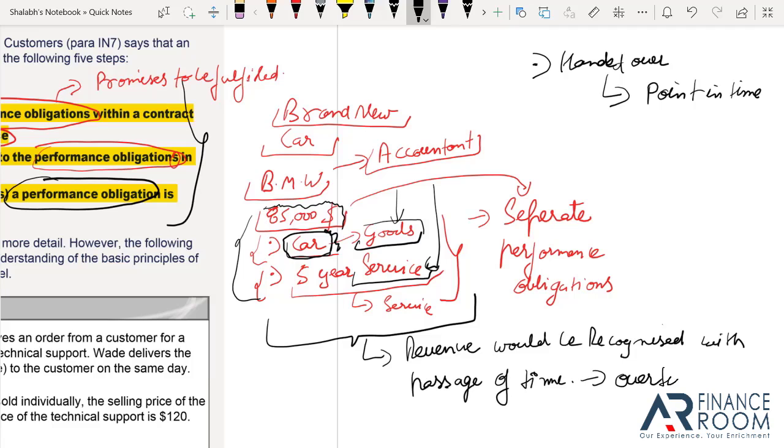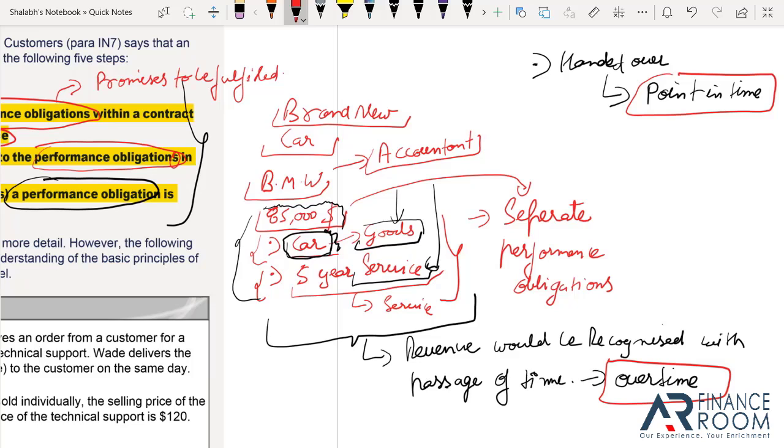Now these two words, you don't need to write them right now. If anything needs to be written, you will be informed, so no need to write this. These are two technical terms which we shall be studying later in this chapter. A performance obligation can be satisfied in only two manners. One is at a point in time, that is then and there, like handing over a car, like handing over machinery, like handing over any good.